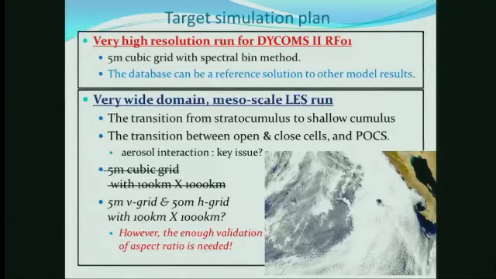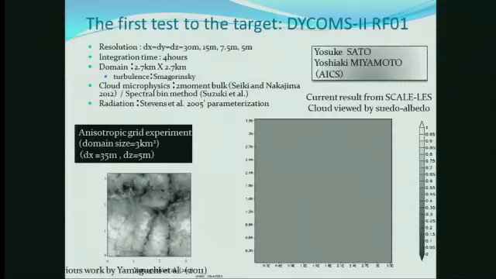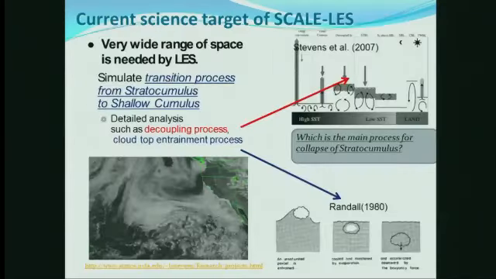And this will be done with a 5-meter cubic grid with a spectral bin method. And we can give one reference solution for the database. The other is a very wide domain mesoscale ABS RAM. Okay, we have no time, so we skip here.